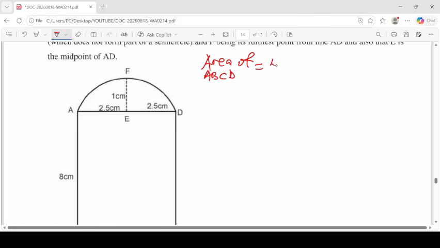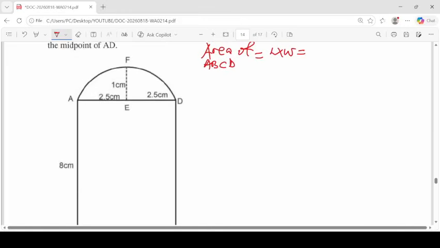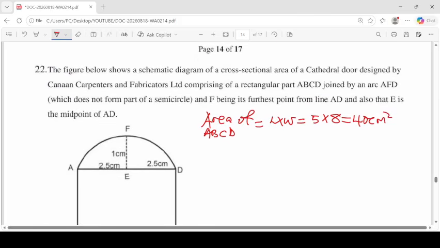It's normally length times width. So our length here is 5 and the width is 8. So this will be 5 multiplied by 8 to give you 40 square centimeters.